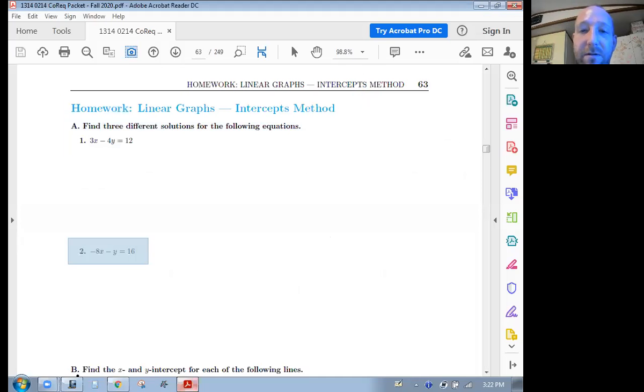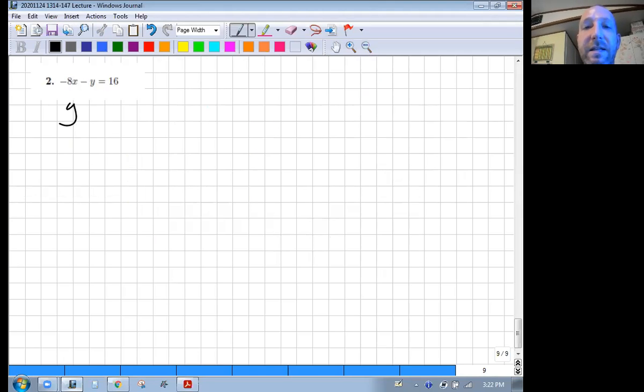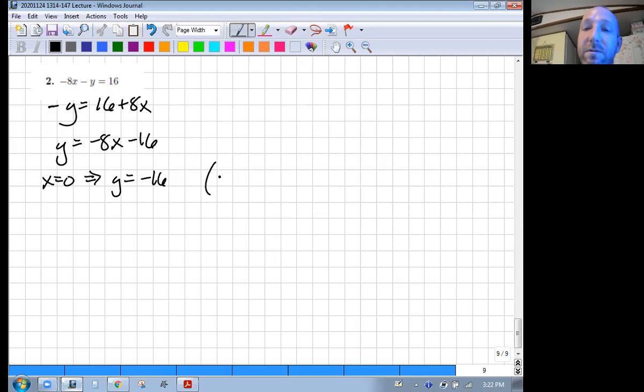So like this one, it's easiest again if you put it in slope-intercept form. All right, so if x is 0, then y is -16. So 0, -16 is a solution.